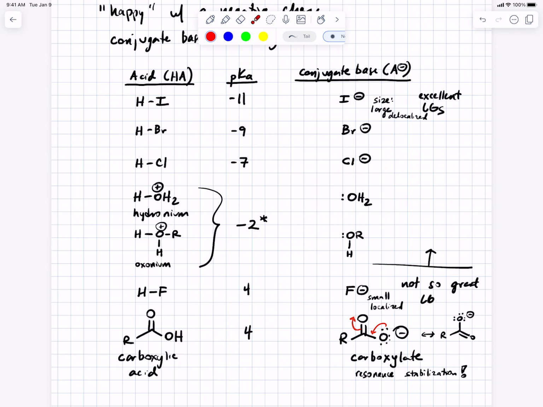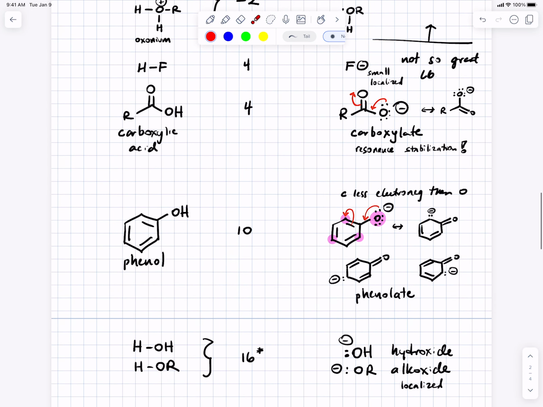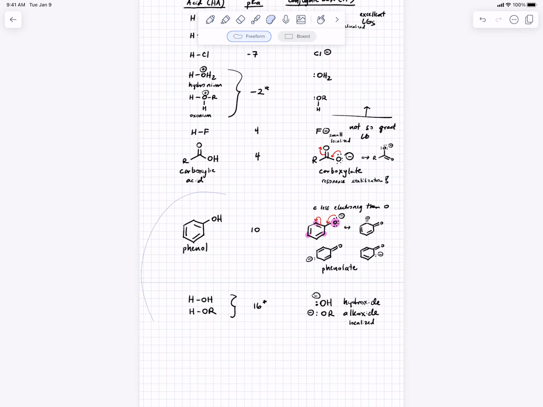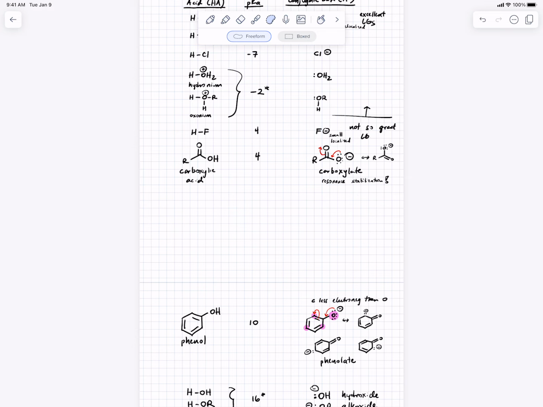Let's see. There's a few more that we need to add in this intermediate region. And there's more that we'll certainly talk about next time as well. One that's pretty interesting is the sulfur version of an alcohol.